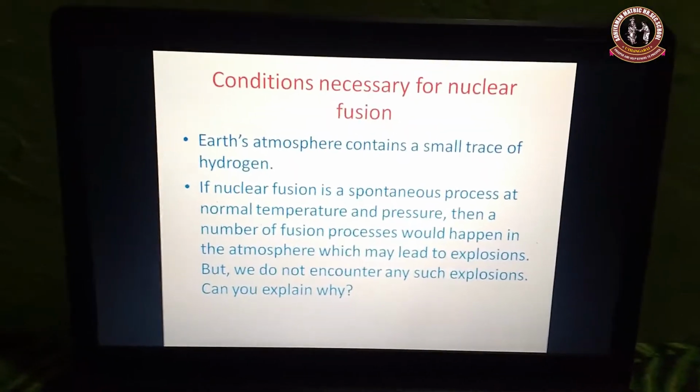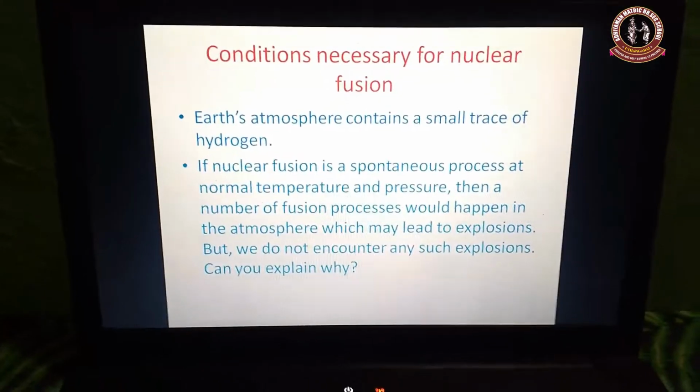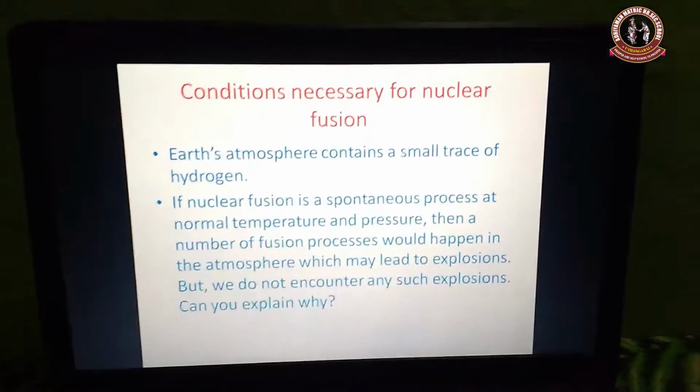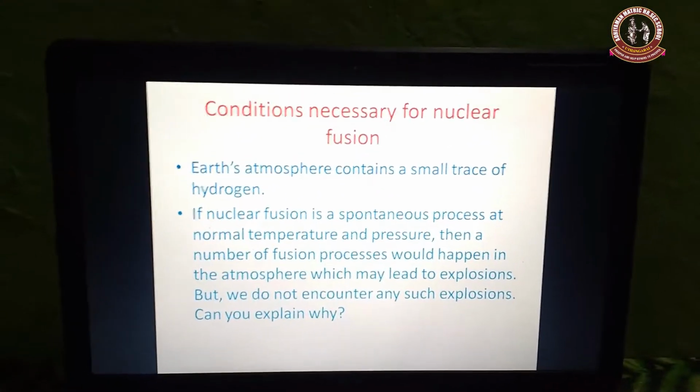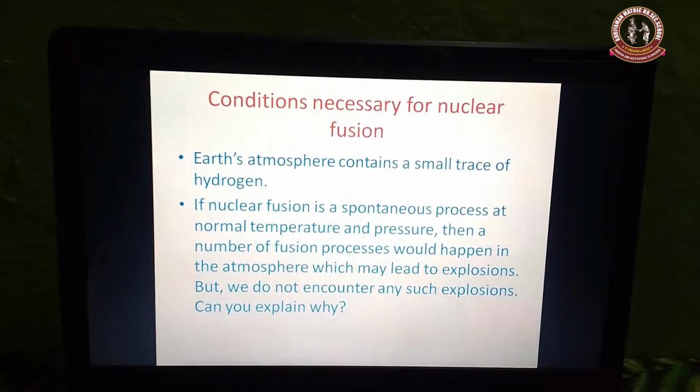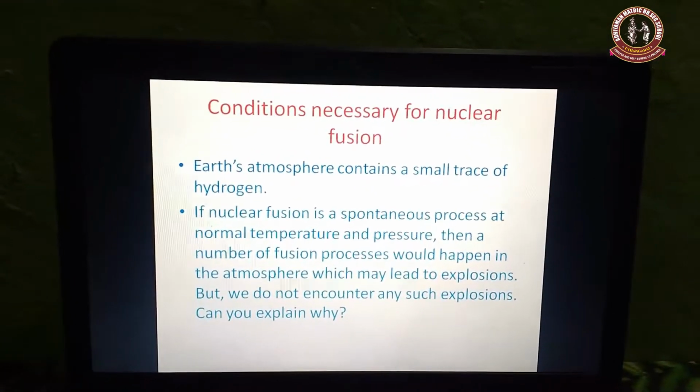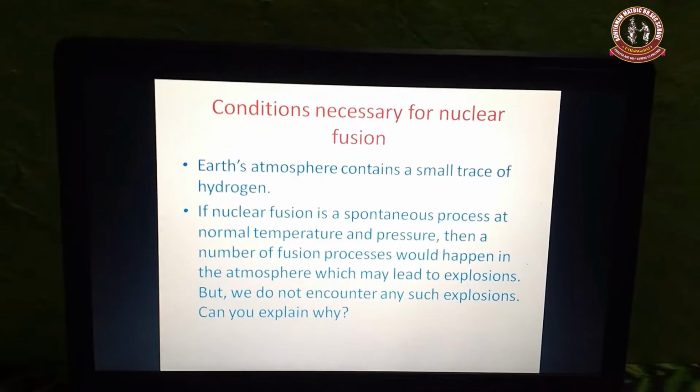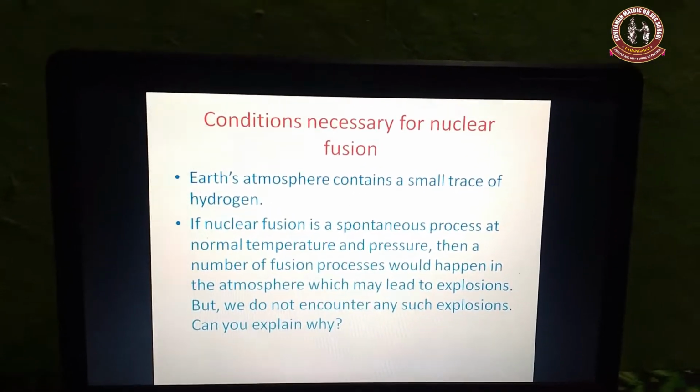Next we see the conditions necessary for nuclear fusion. In the earth's atmosphere we have some amount of hydrogen present, but nuclear fusion does not occur on our earth.